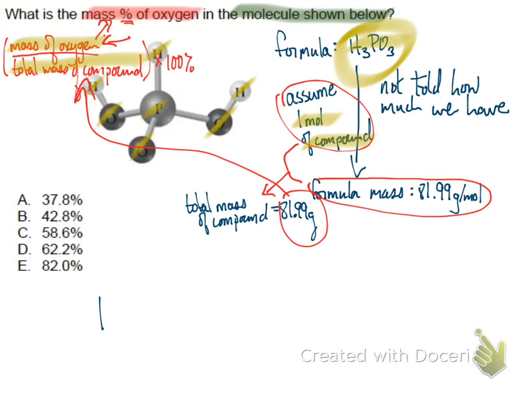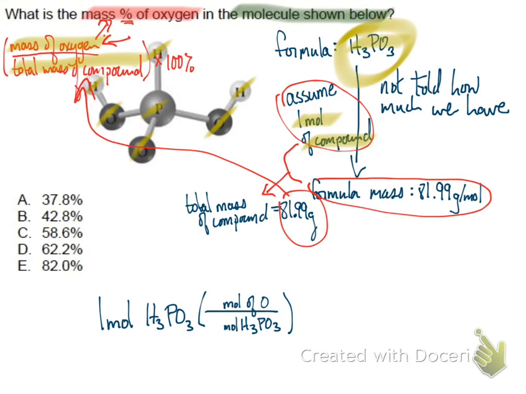So if we have 1 mole of H3PO3, and we want to figure out how much oxygen we have, we need to get rid of H3PO3. So we're going to put that on the bottom. And we don't want to be in terms of moles, so we'll put that on the bottom. We want to be in terms of moles of oxygen atoms.